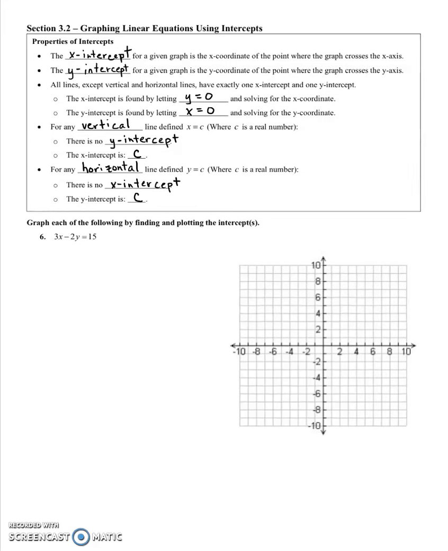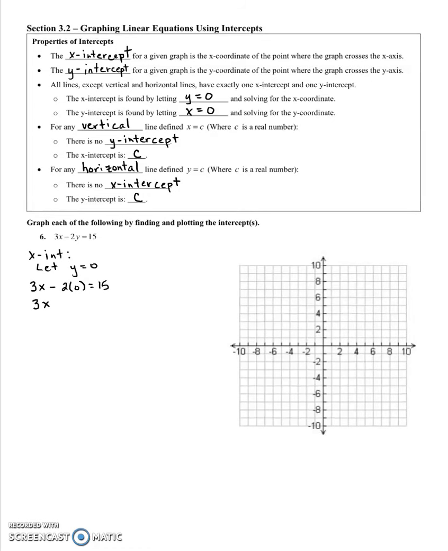So how do we graph a line by finding and plotting the intercepts? Well, let's start by finding the x-intercept. Remember, for the x-intercept, we let y equal 0 and solve for x. So we have 3x minus 2 times 0 equals 15.